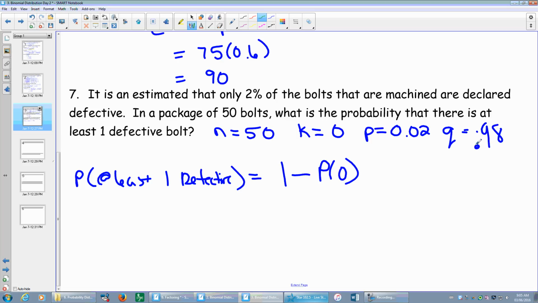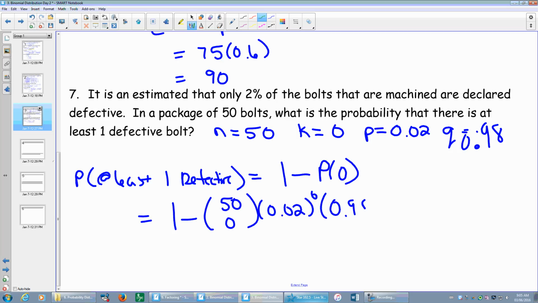Good, 0.98. Mitchell, can you set this up for me, please? Very good. And when you plug that into your calculator, you end up getting 0.6366. Anyone have any questions about that?